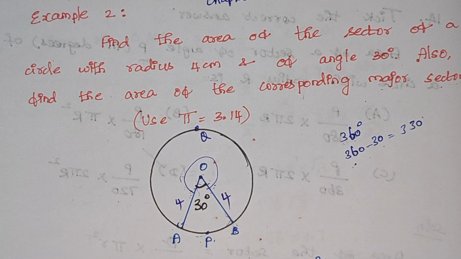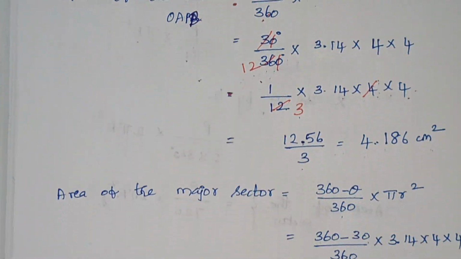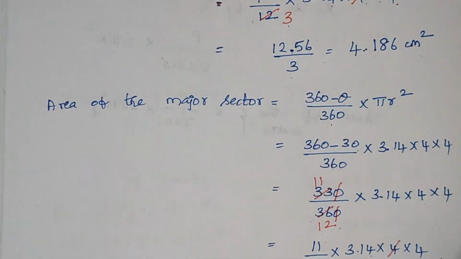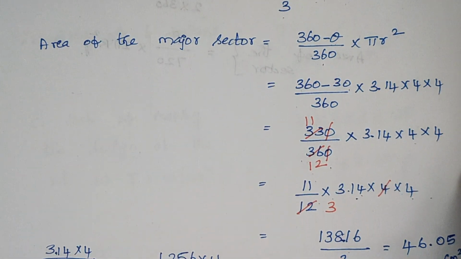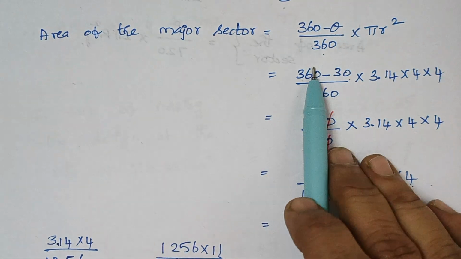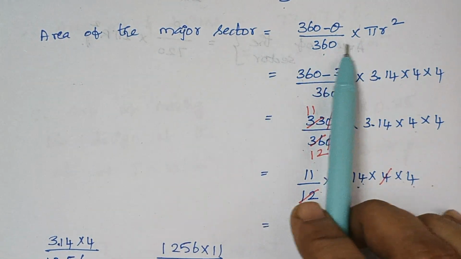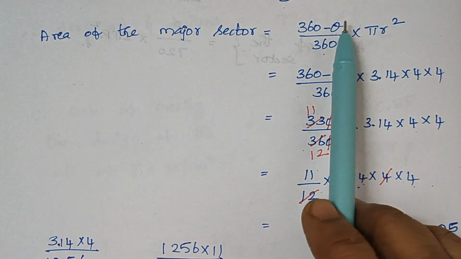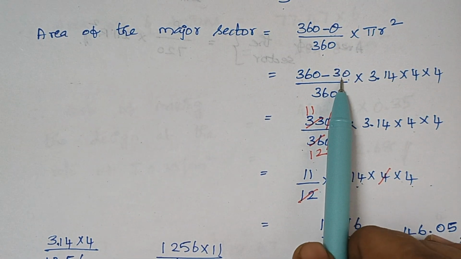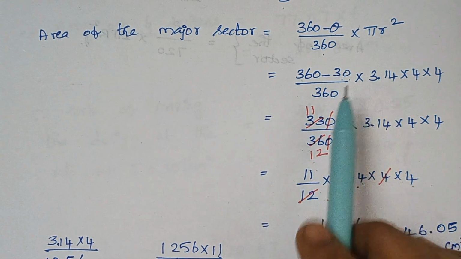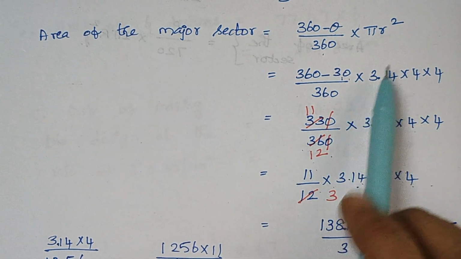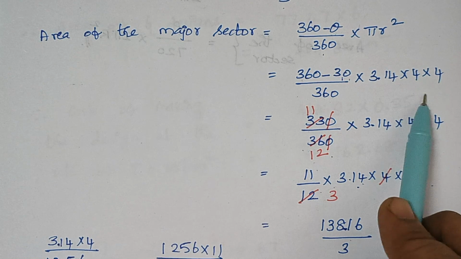So the area of the major sector is given by 360 minus theta by 360. That is, instead of theta by 360, here we are writing 360 minus theta. That is the difference. So into pi r square. In the place of theta, we are having 30, so 360 minus 30 becomes 330, into pi is 3.14, the radius is 4.